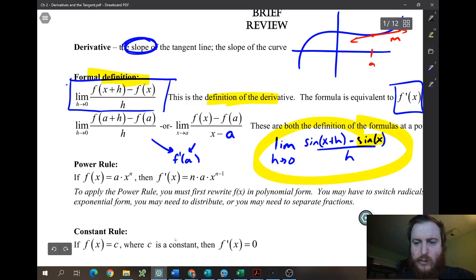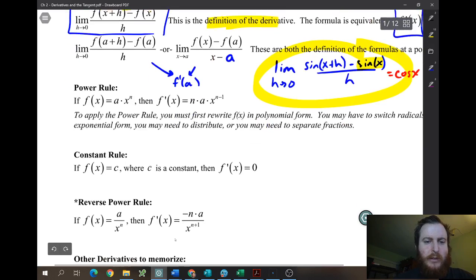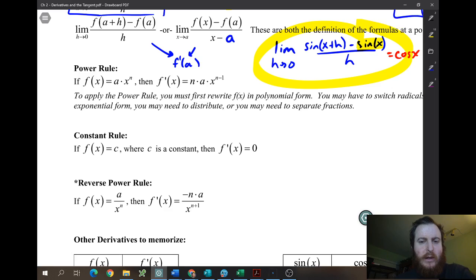So the answer here would just be equal to cosine of x. Now if you have one of these two formulas on the bottom, right, with the a is like a number, then the second step would be to plug it in. So we'll have a few examples like that, but that's kind of what we're getting at with those questions.